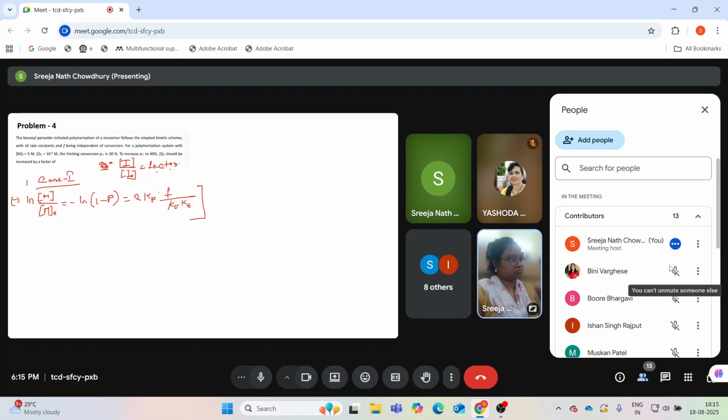Now we want this value, so we will do 2 by 1. 2 by 1 gives us, just a minute.